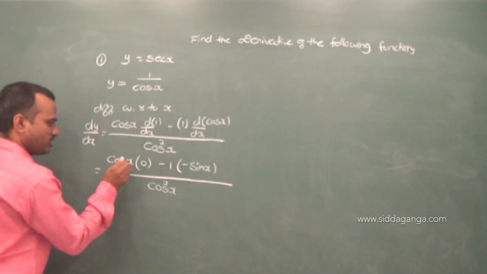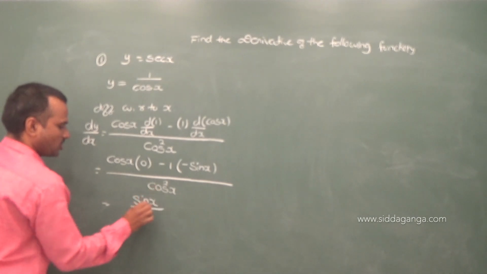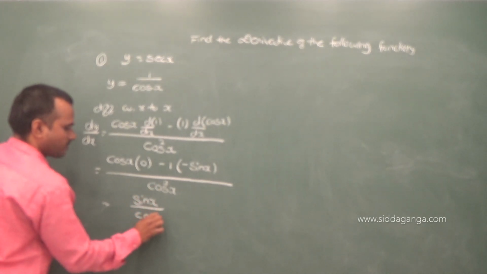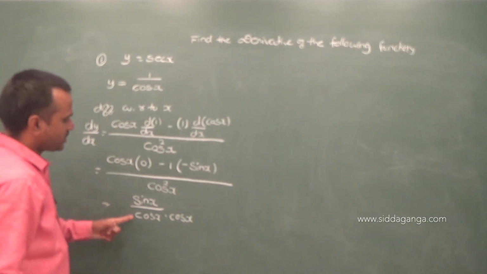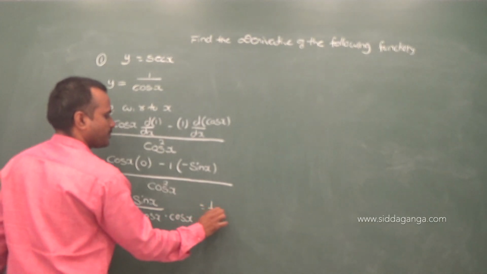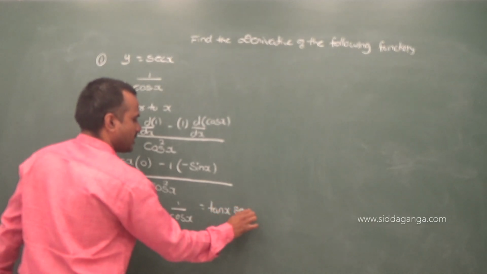Minus into minus, and 0 into anything is 0. So sin x divided by cos square x, written as cos x into cos x. Sin x by cos x, then 1 by cos x is secant x.